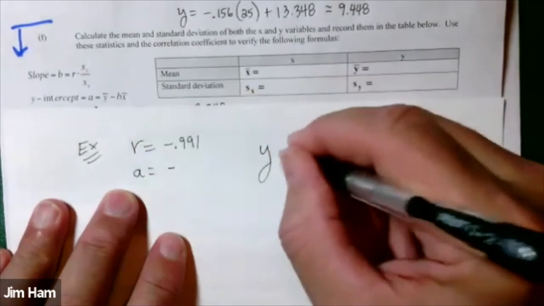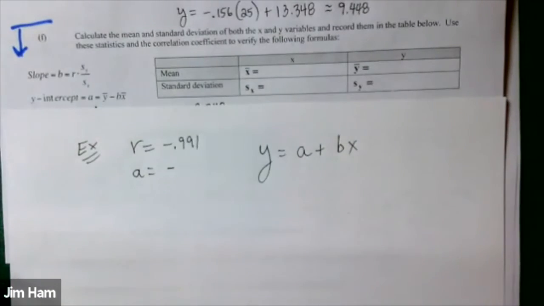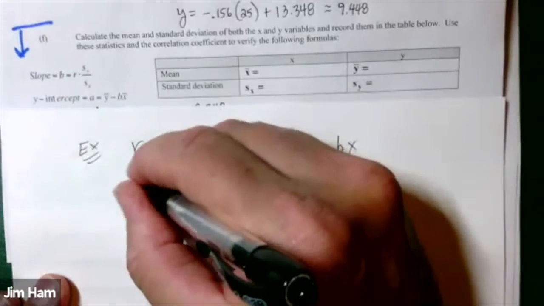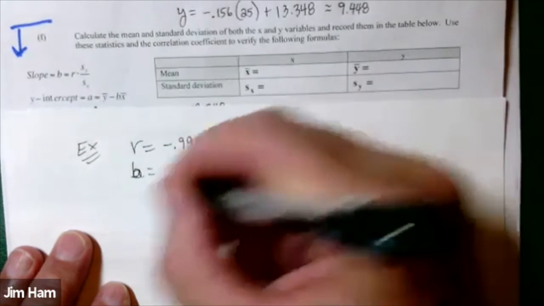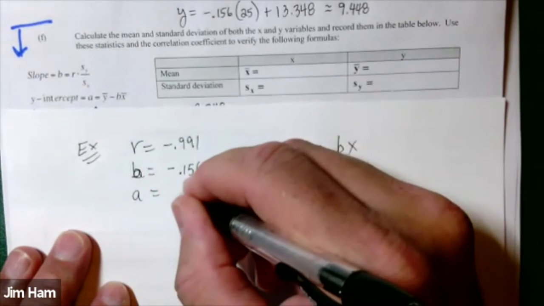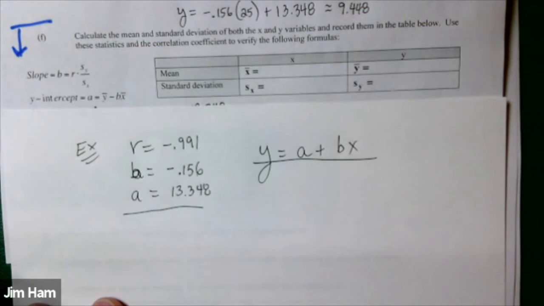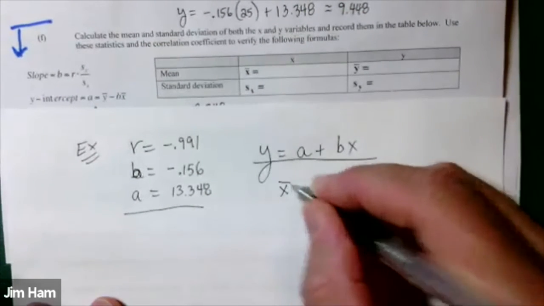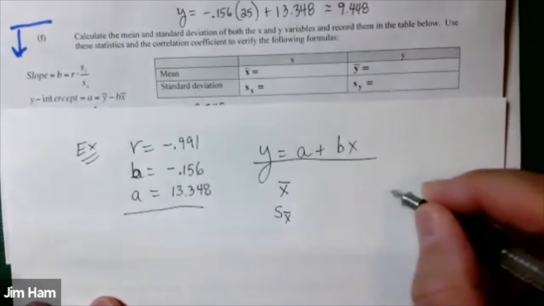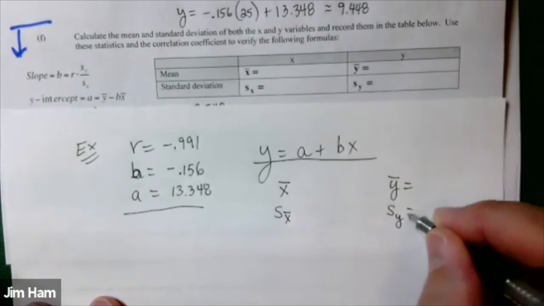If we have y equals a plus bx, where b is the slope this time, then b is negative 0.156, and the a value is 13.348. The other things we need to confirm this are the mean of the x's and the standard deviation of the x's, and the mean of the y's and the standard deviation of the y's.